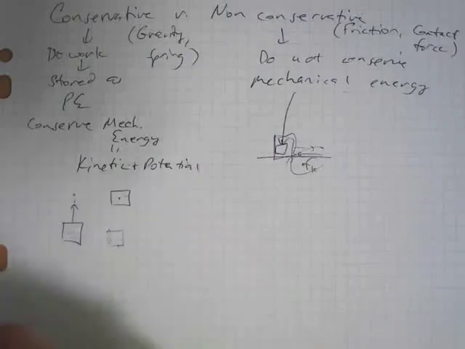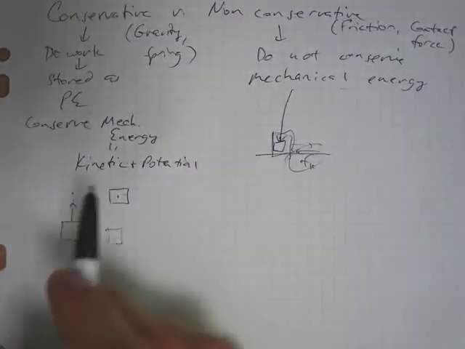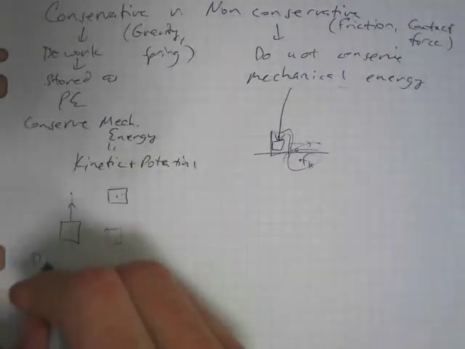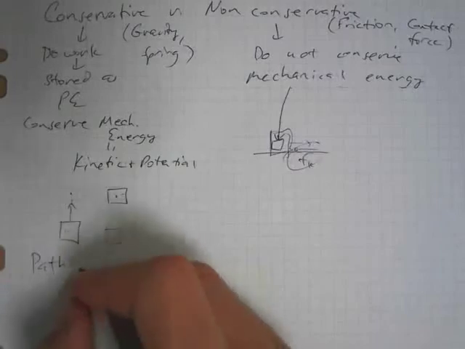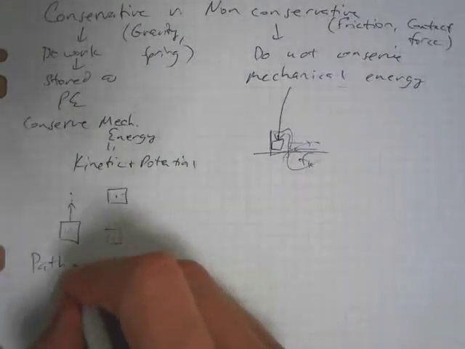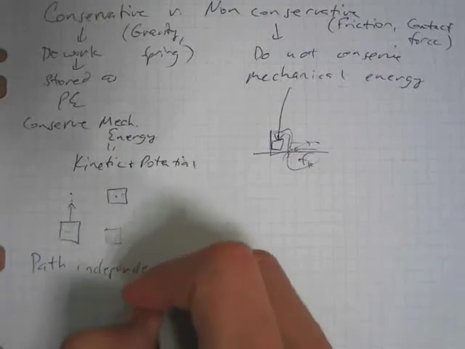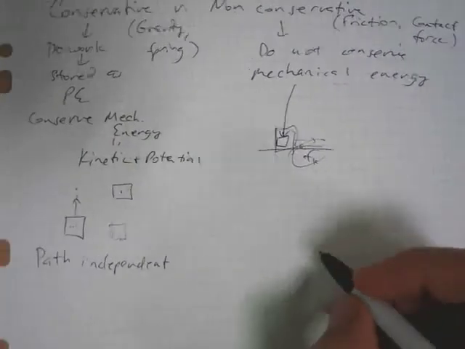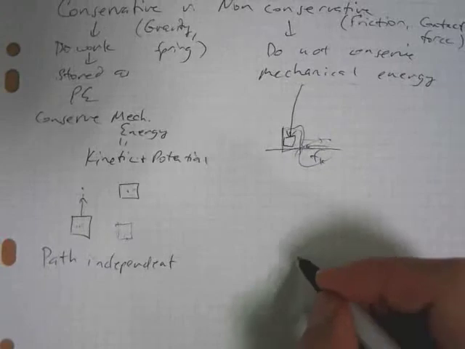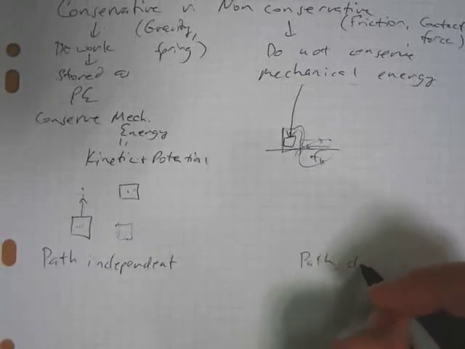Another way of thinking about conservative versus non-conservative is that for conservative forces the work done is path independent, whereas with non-conservative forces, the work done is path dependent.